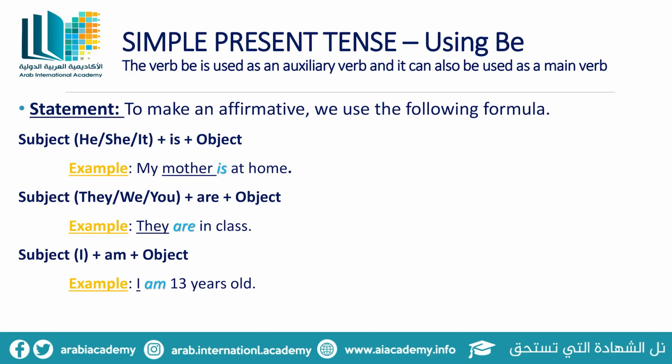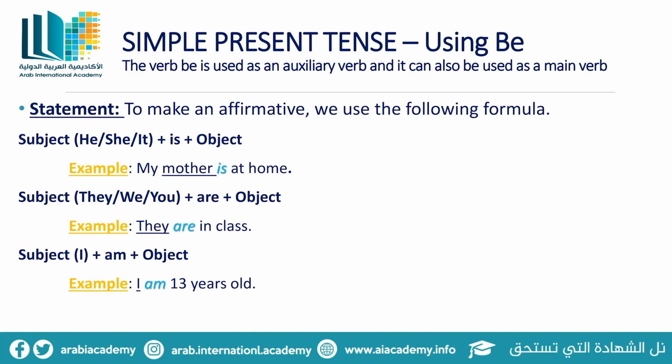Now for this statement, in order to make an affirmative sentence or a positive sentence using the verb to be in the simple present tense, the statement will be subject plus the verb to be plus the object.